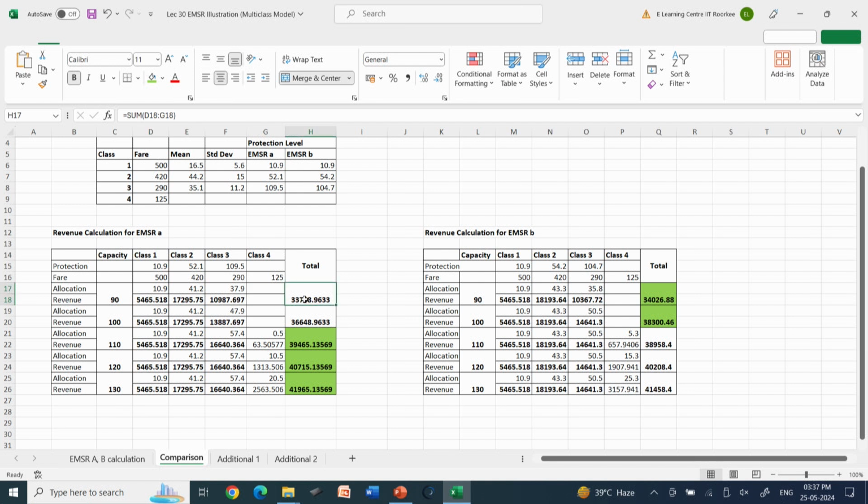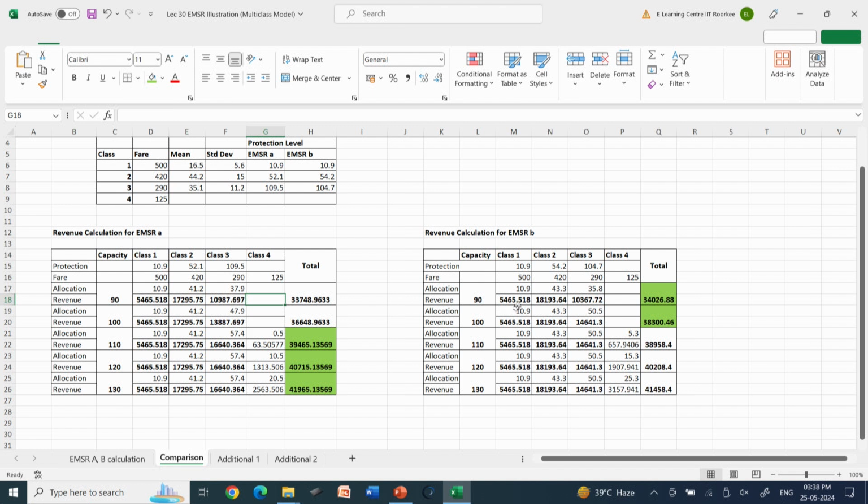And then finally, this total is the sum of D18, E18, F18 up to G18. But there is no entry in G18 at the moment, because there is no allocation in this case. So, we got 33,748, and you can match this value with our PPT, where we have already discussed these numbers.